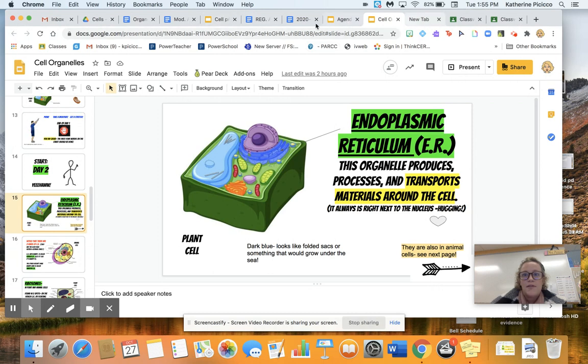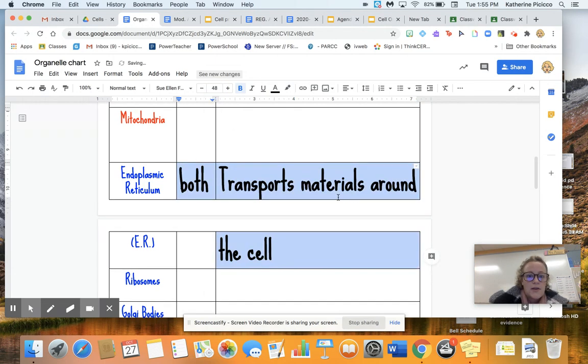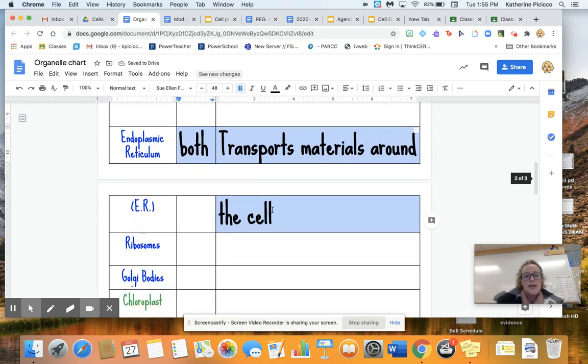So that's what I'm going to write down: transports materials around the cell. It's kind of like the transportation system. I'm going to make these bigger so you guys can see them. I know they're ridiculously large now, but that's okay. Transports materials around the cell. That's the job of the ER. If you need to stop this video to type that, do so.